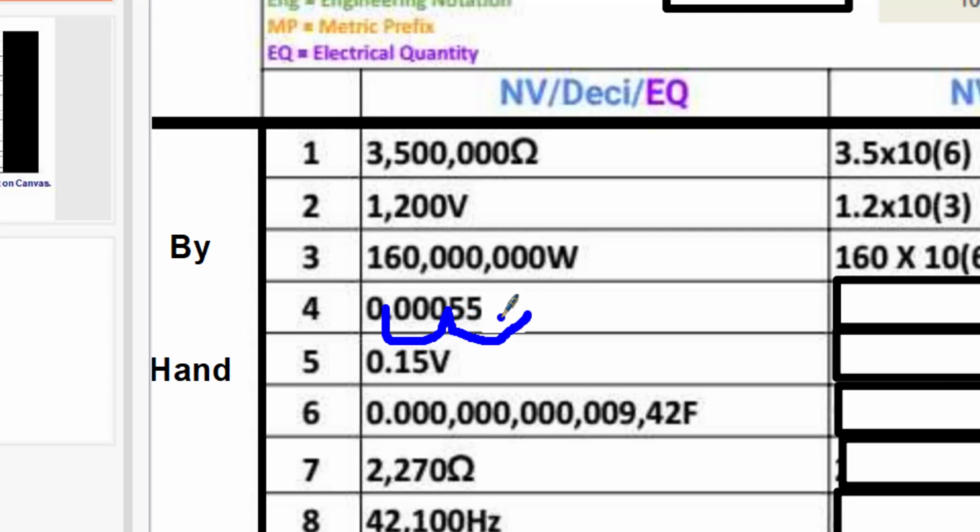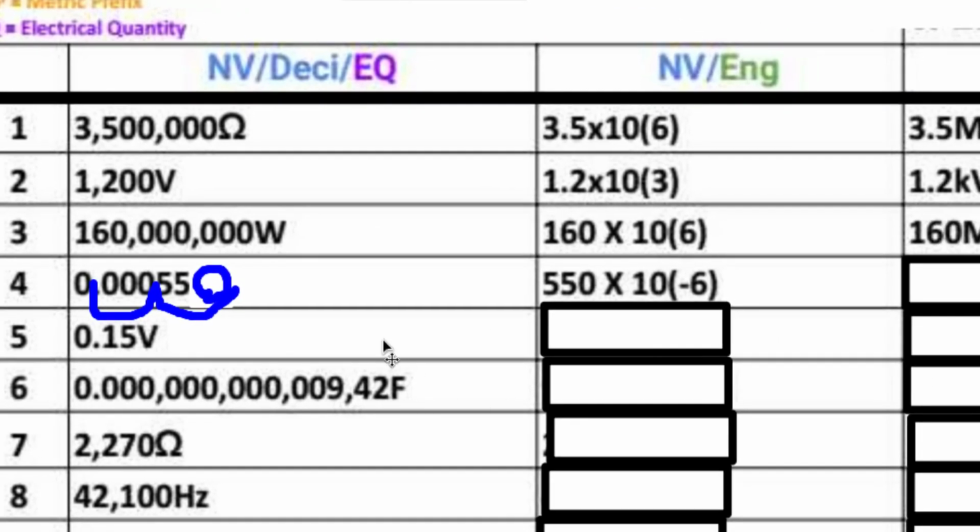So I'm going to go 1, 2, 3 again, and I'm going to fill in a 0. So my number is actually going to be 550 times 10 to the negative 6th. And it's a negative 6 because it was a decimal number. It was a very small number. And it's 550 because I'm locked into jumps of 3, and 550 instead of 55 is what makes my exponent be a multiple of 3.